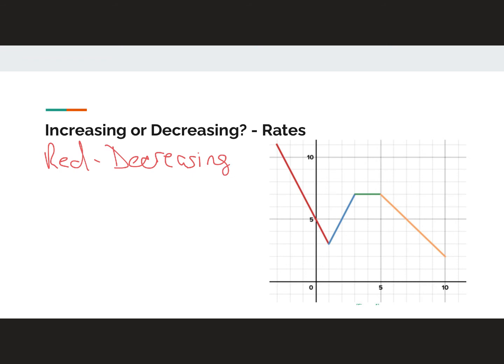And then we have the blue section, and the blue section is increasing. It's going up. Remember, we're looking from left to right. Then we have a green section. Well, that green section, notice it is not increasing or decreasing. We call that constant.